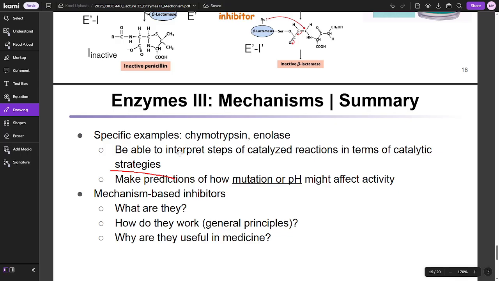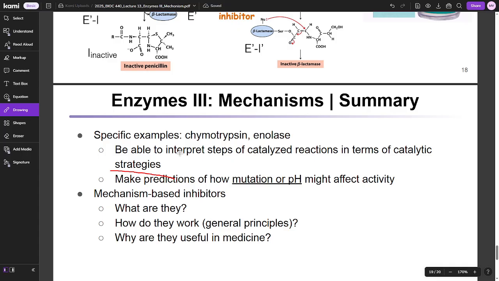if I mutate something or if I change the pH, how does that affect the catalytic activity of this enzyme? So for example, if I need a lysine or an arginine to act as a base for something, if I lower the pH and protonate them, they're probably not going to be as basic anymore. So you can imagine I probably destroy the catalytic activity if I do that. Things like that.